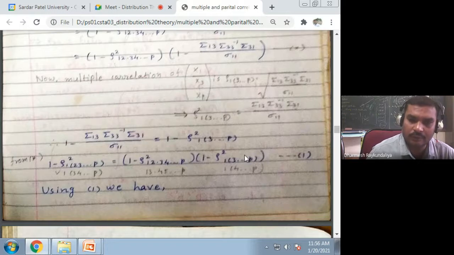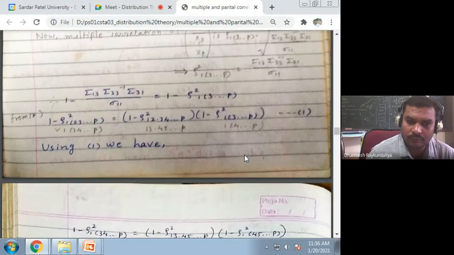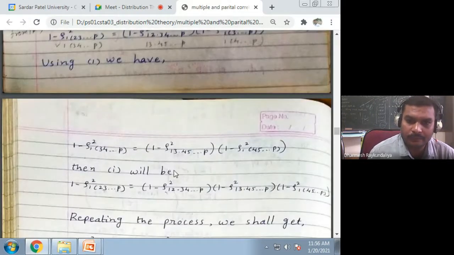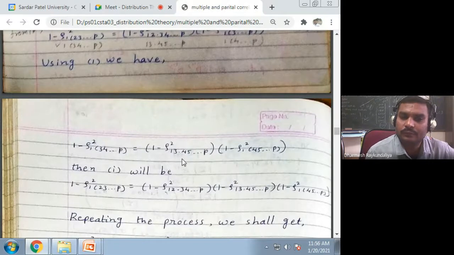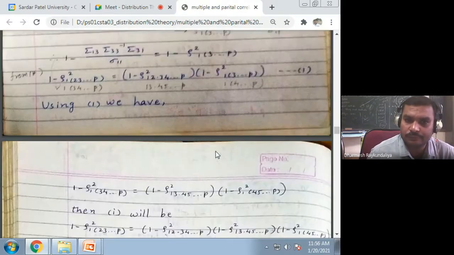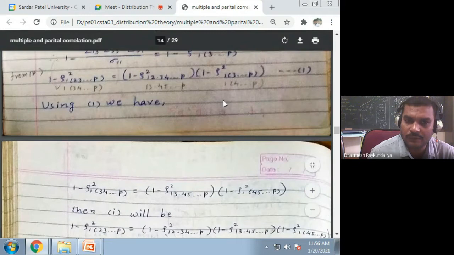So using this equation, we can have 1 minus rho square 1 3 4 p is nothing but 1 minus rho square 1 3 4 p is equal to 1 minus this.